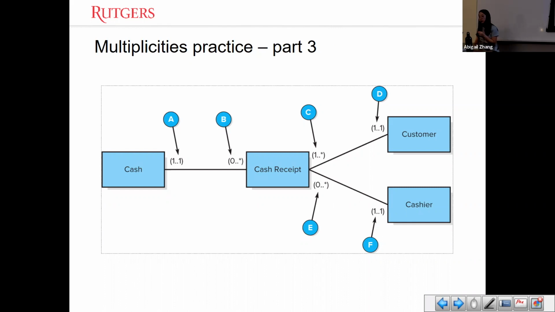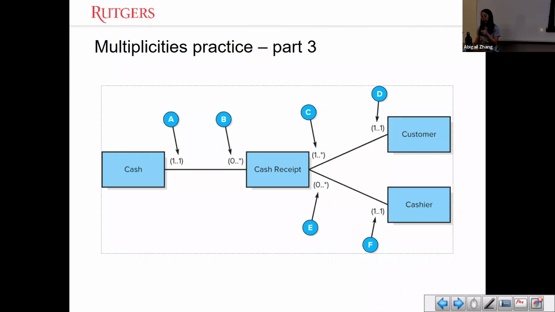I also have other examples. Here, let's interpret it as a cash account. For A, each cash receipt can be deposited into 1 and only 1 cash account. Here, you can think of a cash receipt as the checks that you can write.